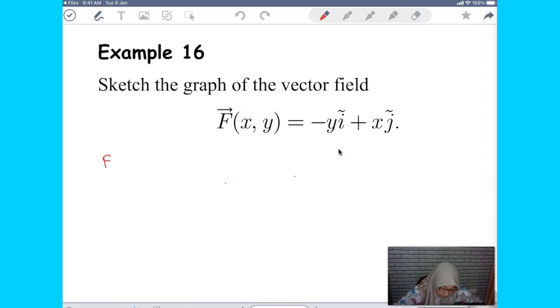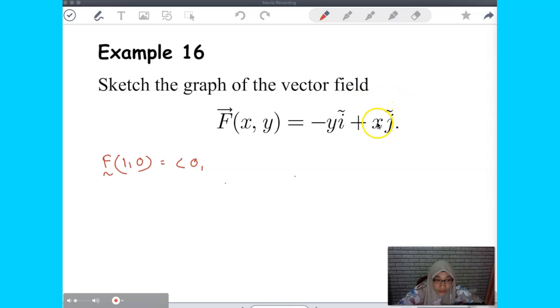So the output vector at the point (1, 0): you evaluate. The x component will give you 0, and for the y component you will get 1. So that is your output value. For the point we assigned, (1, 0), your vector is (0, 1). We sketch later.